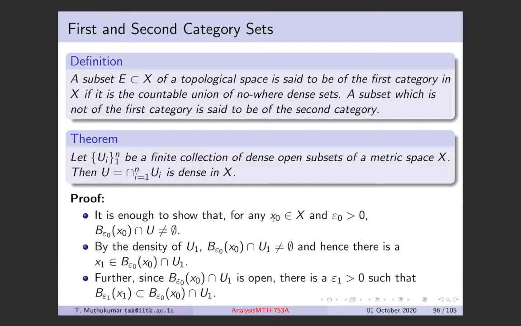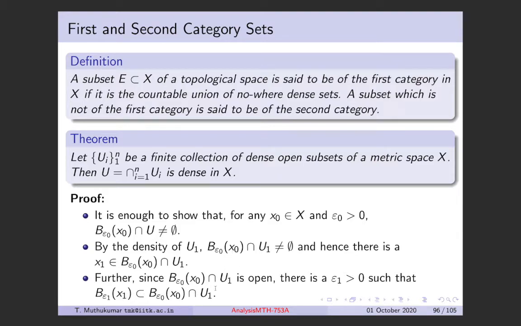Okay, so once you start with an x naught and epsilon naught, by using the density of U1, you obtain an x1 and an epsilon 1 such that these two happen: x1 belongs to this and the epsilon 1 radius ball centered at x1 is contained in this.